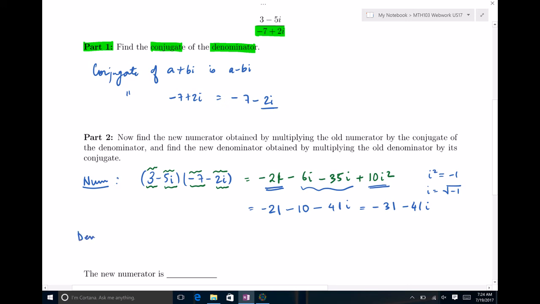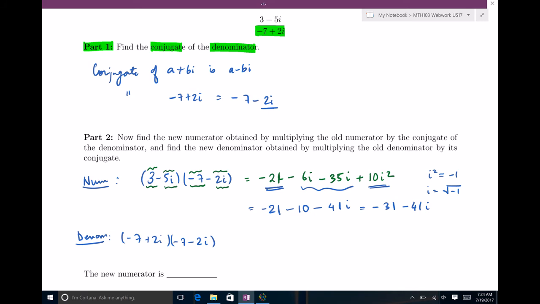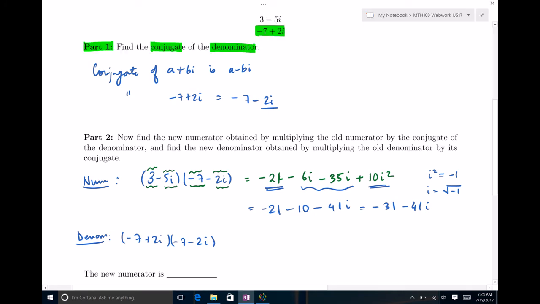For the denominator, I'm going to multiply negative 7 plus 2i by negative 7 minus 2i. Here I'm going to write down a very, very important formula, which is that a plus bi times a minus bi is a squared plus b squared.